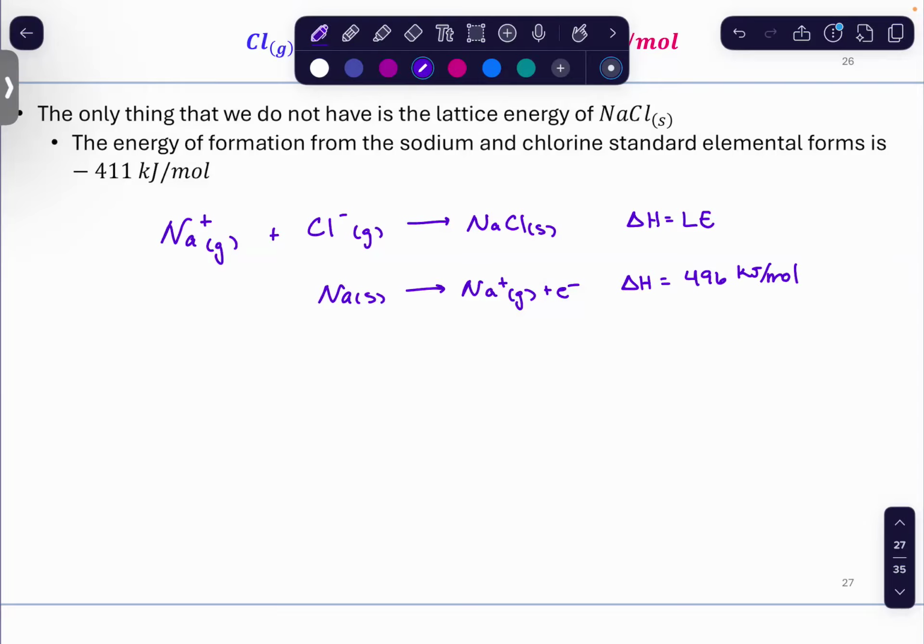Okay, and then you get rid of the chlorides. Oh, that's the sodium ionization energy. We'll do the chlorine electron affinity. That's going to be a delta H of a negative 349 kilojoules per mole. Okay, now we have sodium and chlorine.